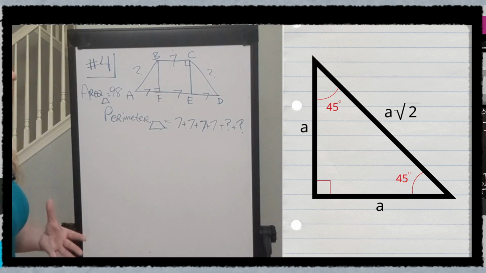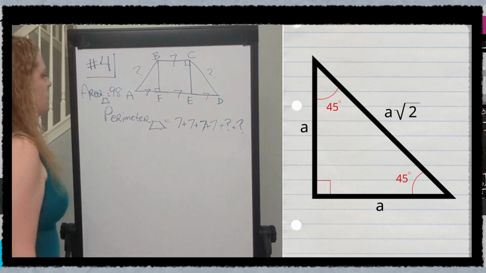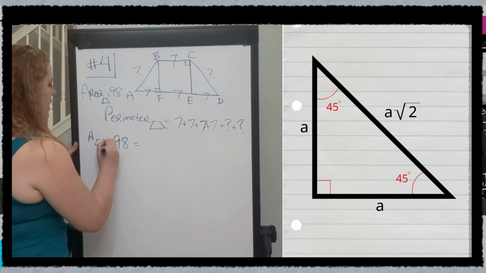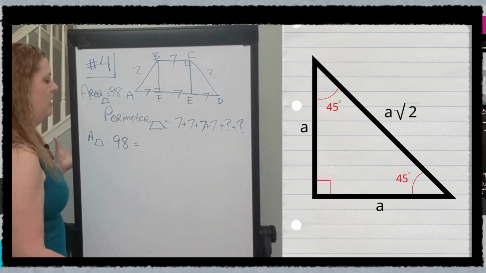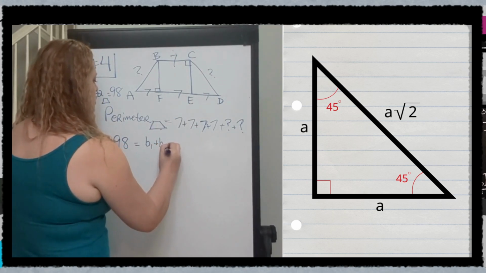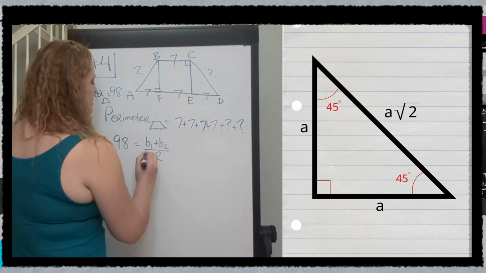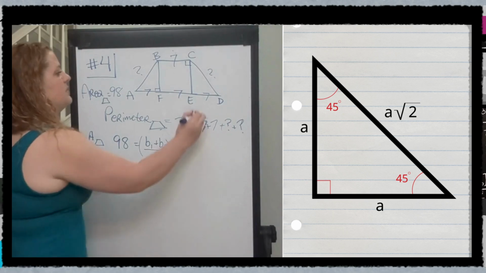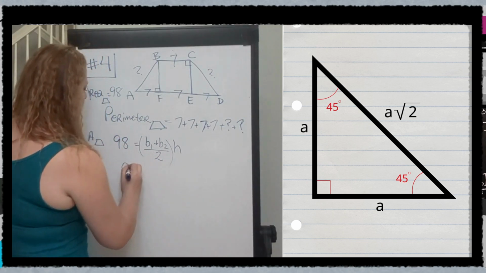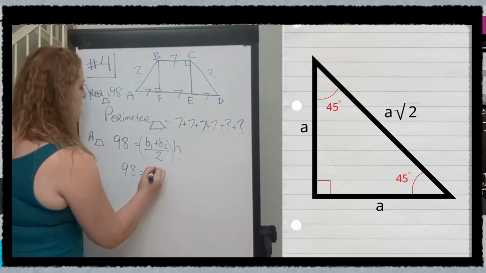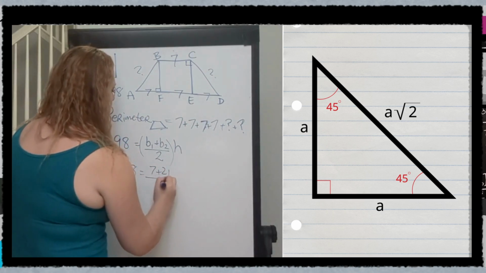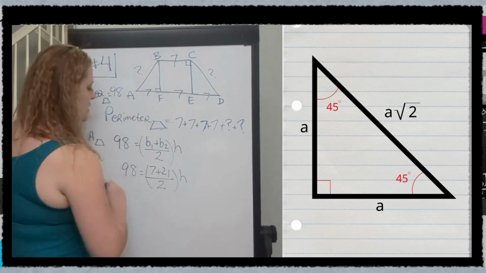So we're going to use the information that we were given. They said that the area of the whole trapezoid is 98. And if you recall, the area of a trapezoid has an equation, which is base 1 plus base 2, which is the bottom base, divided by 2, aka the average, times the height. So let's fill in what we know here. We have 98 is equal to 7 plus the whole bottom, 21, over 2 times h.